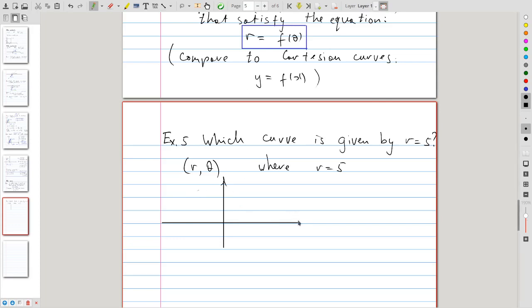the coordinate axes, so let's say we have two coordinate axes, but this is the polar axis and this is the origin here. Then points that have r equal to 5 are precisely those from which the distance to the origin is equal to 5. If I connect any such point to the origin, it will be 5 units away.